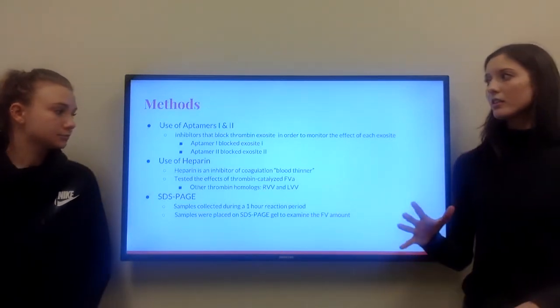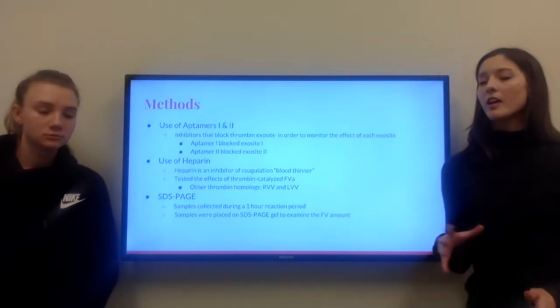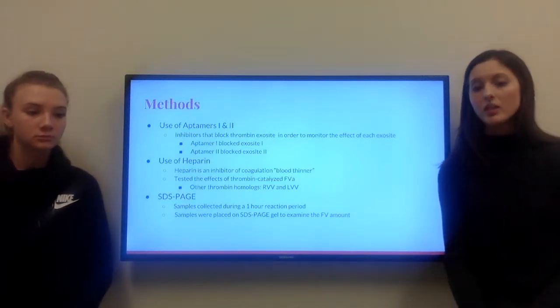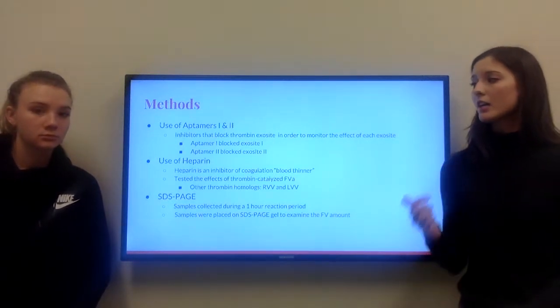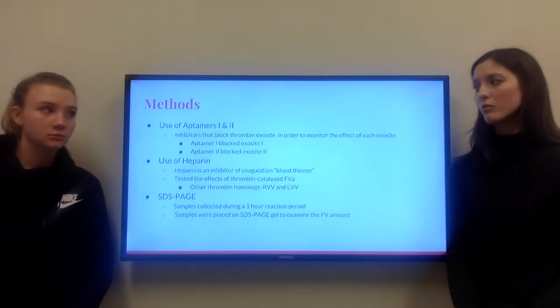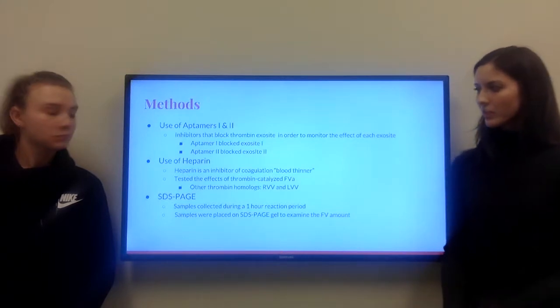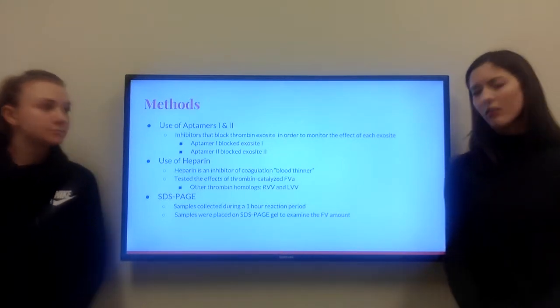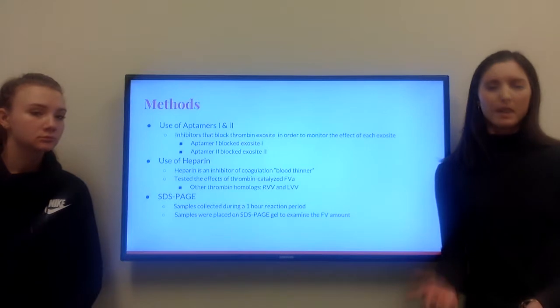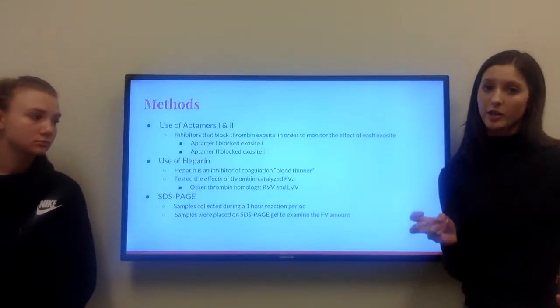So after determining the activation levels of factor 5 using thrombin, they continued their studies a little bit into the use and inhibition of heparin on thrombin. So heparin is a known inhibitor of coagulation. You might have heard of it in medicine as the blood thinner.